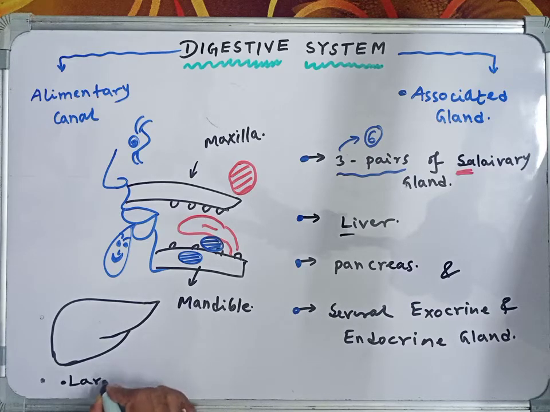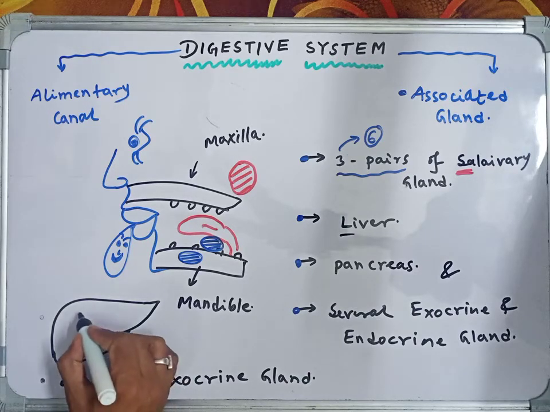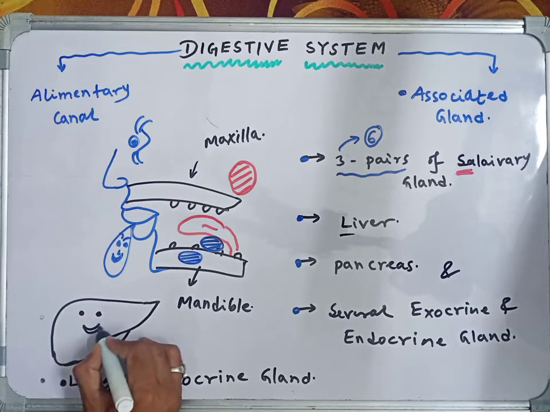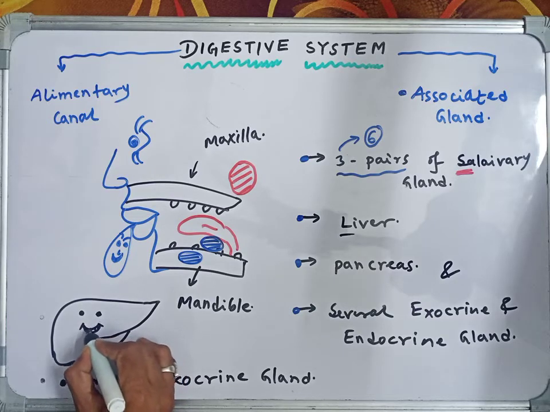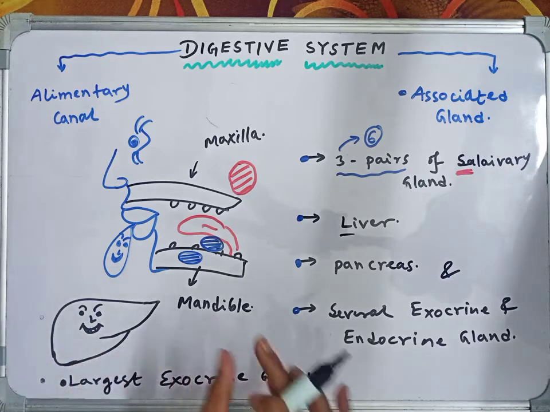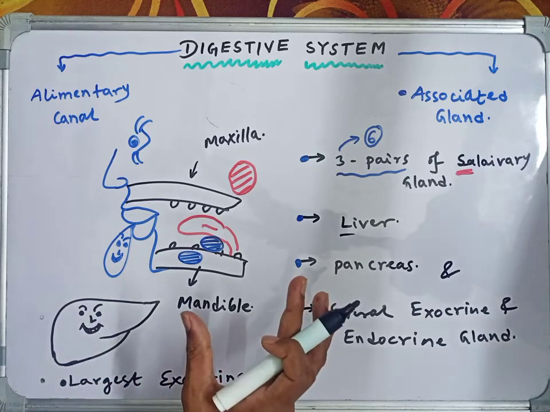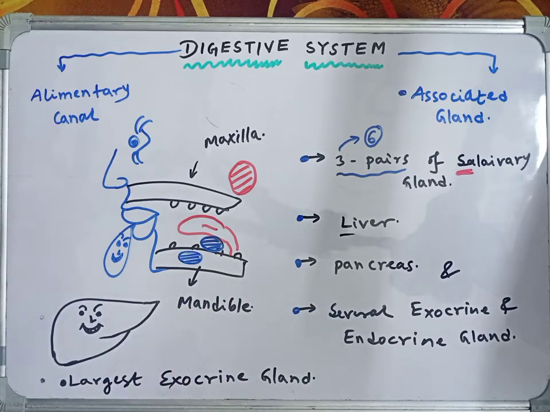Liver is called the largest exocrine gland. And one more important thing about this liver, it does not produce any digestive enzyme for digestion of food, but still the liver acts as the largest exocrine gland. Liver secretes lots of things which are responsible for digestion and absorption of our food, right?